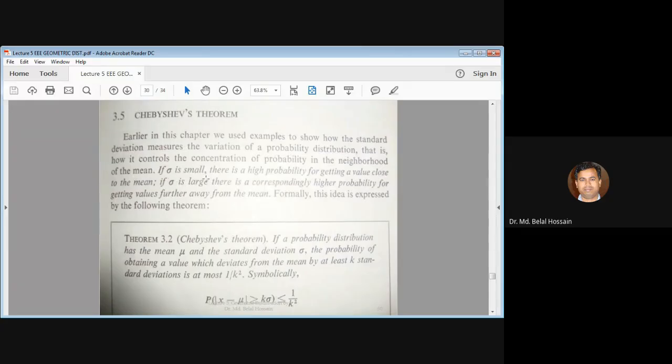If sigma is small, there is a high probability of getting a value close to the mean. If sigma is large, there is a correspondingly higher probability of getting values further away from the mean. So sigma gives you some idea how the individual values are distributed.